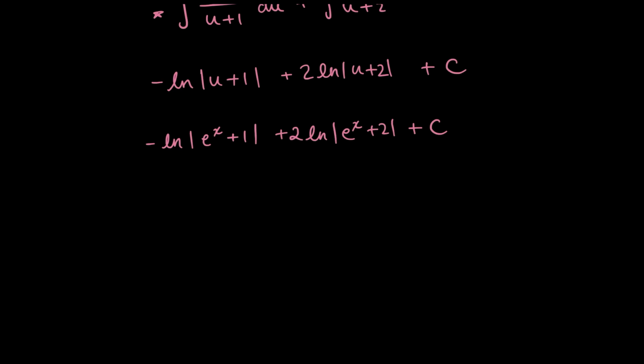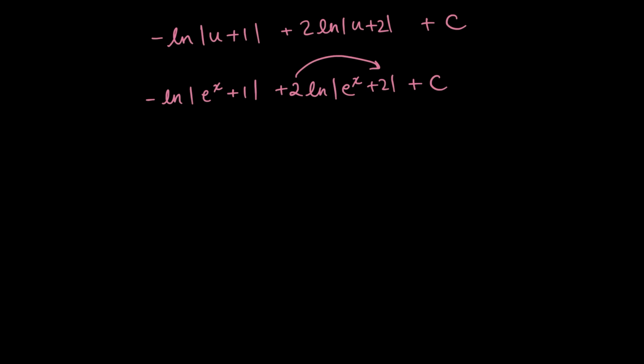So using my log rules, I know that I could take this 2 and make it an exponent here, so I'll have negative ln of e to the x plus 1 plus ln of e to the x plus 2, so this whole thing is squared.